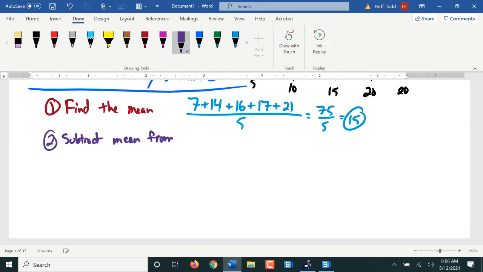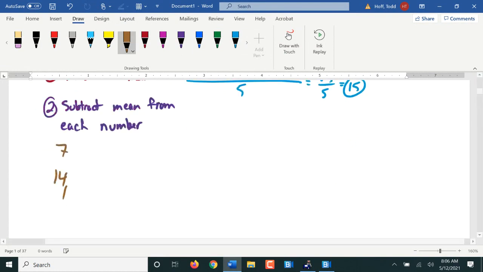Step 2, we're going to subtract the mean from each number. So I have my 7, 14, 16, 17, and 21.